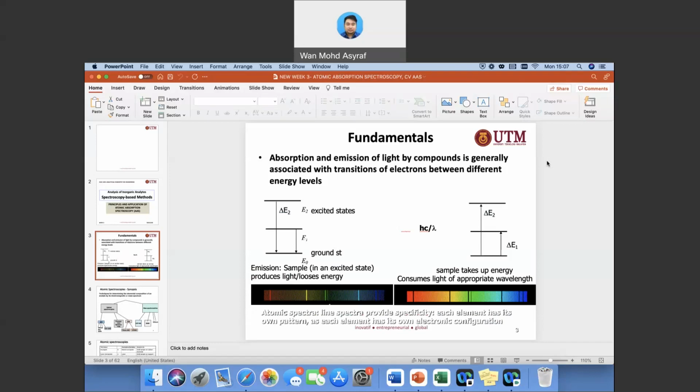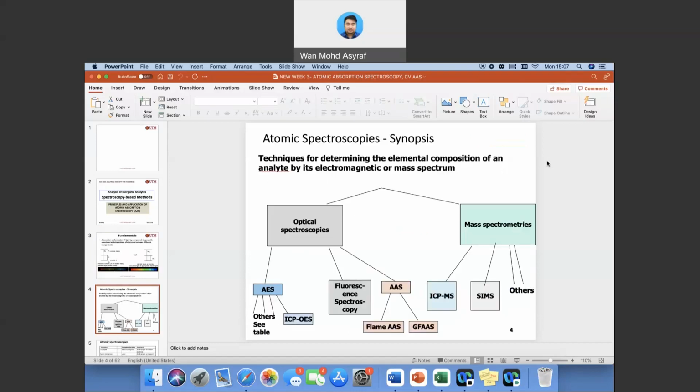Okay. Now we need to focus on atomic spectroscopy. Atomic spectroscopy is a technique for determining the elemental composition of an analyte by its electromagnetic or mass spectrum. So now we are going to look at the elemental level. UV-vis is molecular level, but for atomic spectroscopy you look at elemental level.